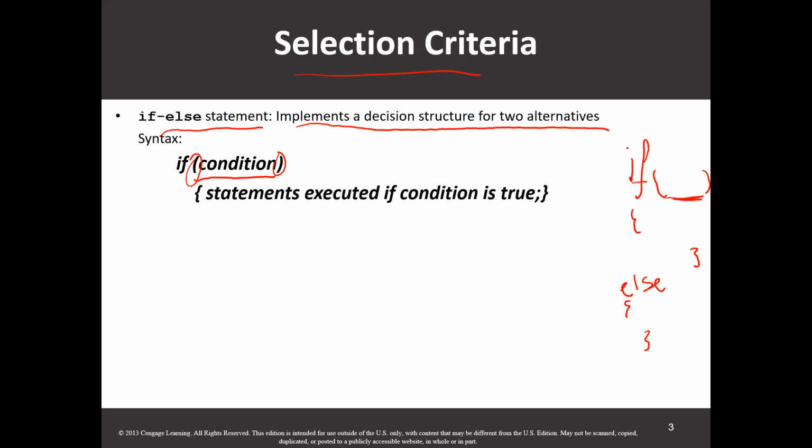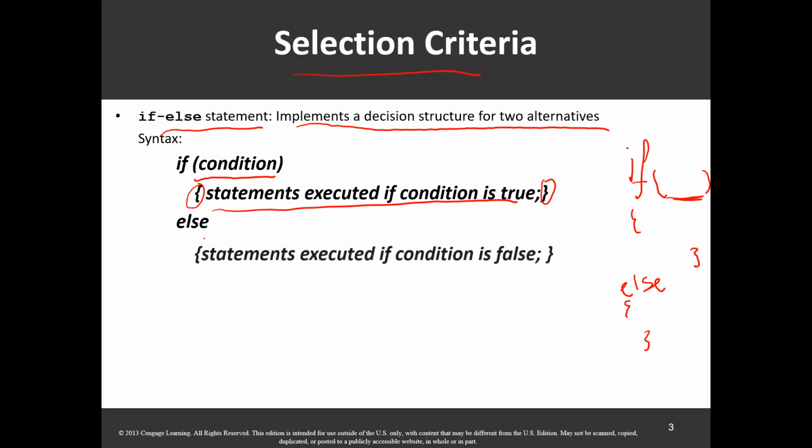Then between two curly braces we will put what exactly you want to happen if this condition is already there. طيب بعدين else يعني إذا هذا الشرط الcondition اللي between these two parentheses it didn't happen. إيش تبين يصير؟ Then put them between two curly braces.